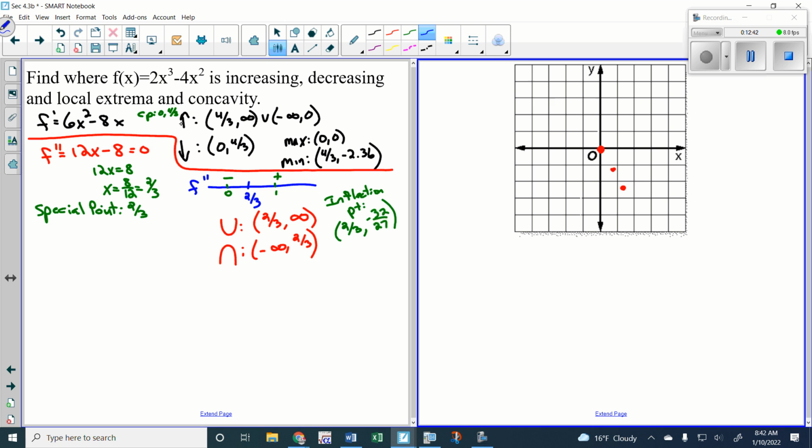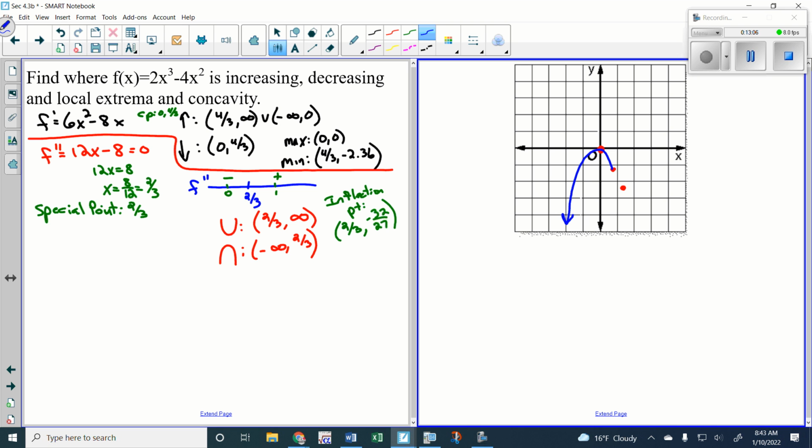All this connects together. From here to the left, it is concave down. From here to the right, it's concave up. So if you combine this with your increasing and decreasing, it's increasing here, decreasing here, but all of that is concave down.